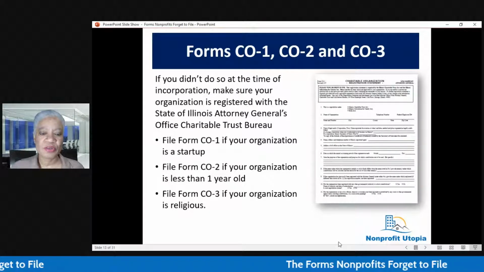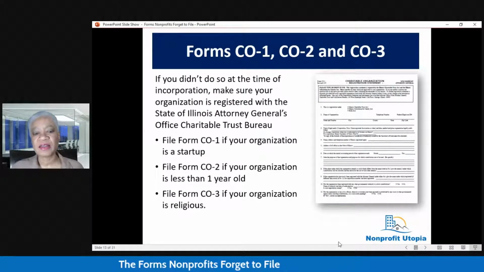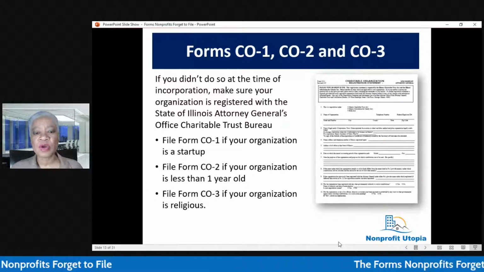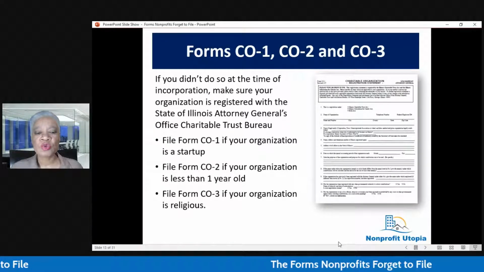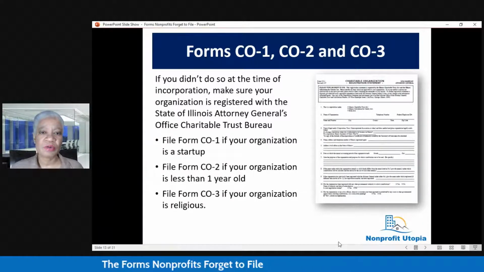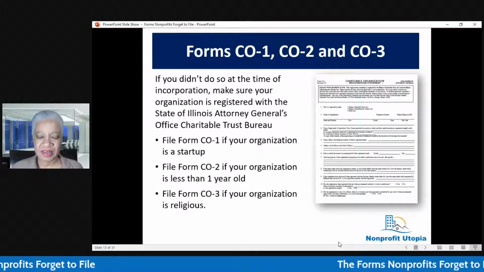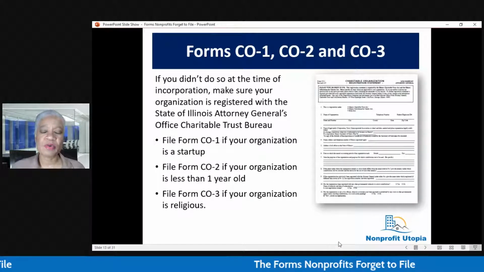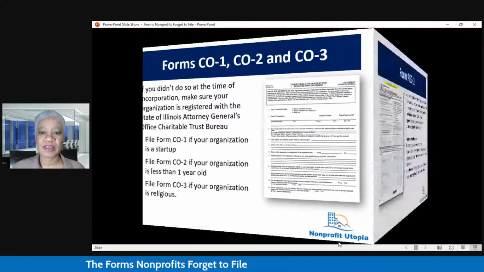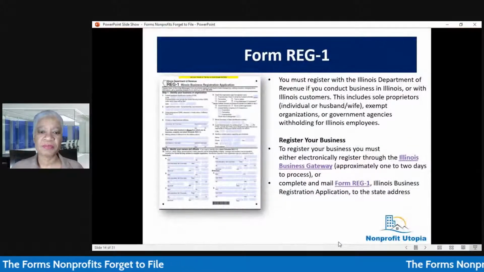Now, going back to the organizations that are secular in nature, if your organization is more than 1 year old, you don't do the Form CO2. You actually have to do a Form AG 990IL. This is in the state of Illinois, and that will give a financial summary of your organization's activity for the year.